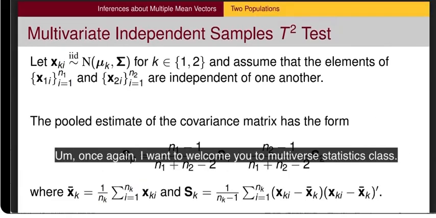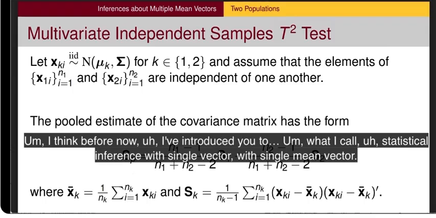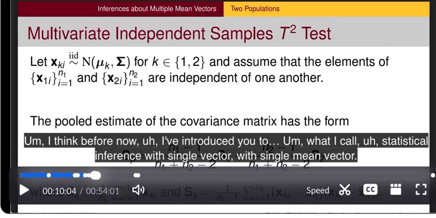Once again, I want to welcome you to Multivariate Statistics class. I think before now, I've introduced you to what I call statistical inference with a single vector, with a single mean.